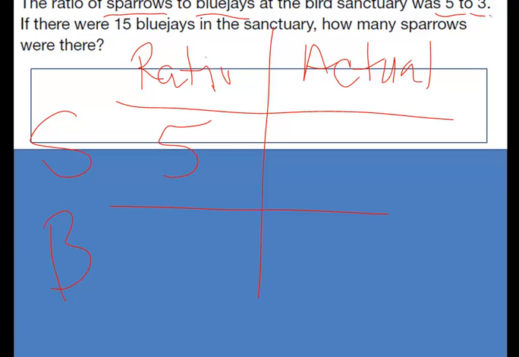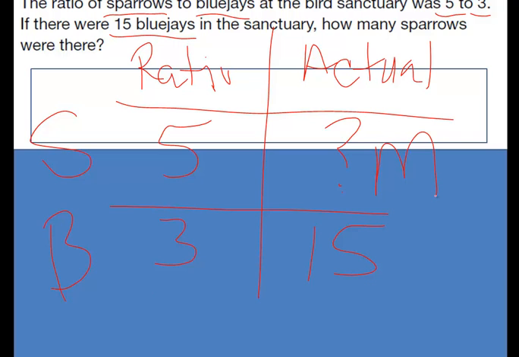Blue jays is listed second, so you know that's 3. And the actual amount of blue jays is 15. So what they want us to solve for is right here, the sparrows, and we're going to go ahead and make this y, or let's make it m.